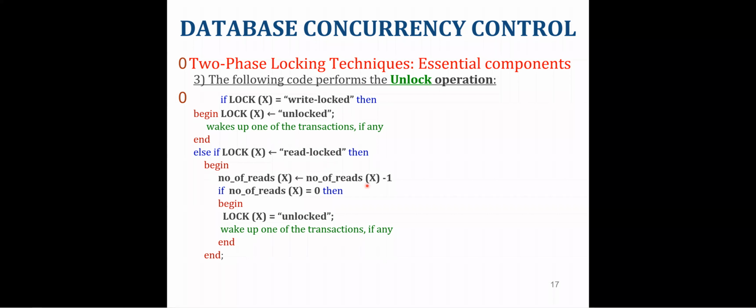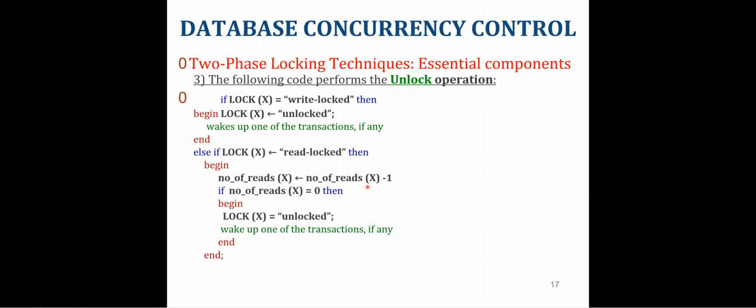Else, if the transaction was read locked, you will check first if it is read locked. If it is read locked, you will decrease the number of reads by 1, because it might be one of the transactions that are reading. Let's assume that we have 5 transactions reading. If this transaction wants to leave, it will just execute the unlock operation, right? The unlock operation will just decrease the number of reads by 1.